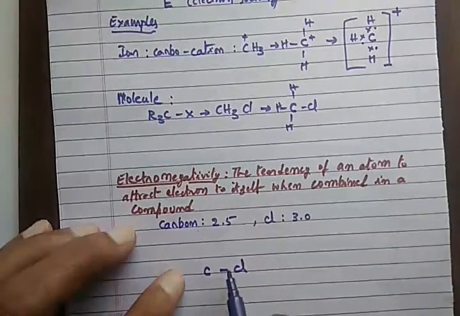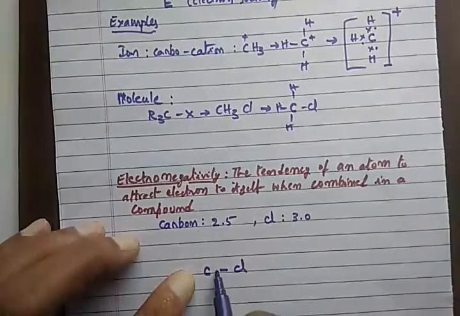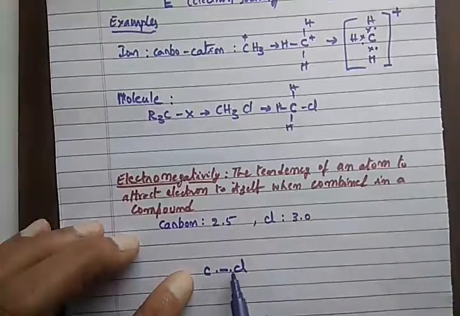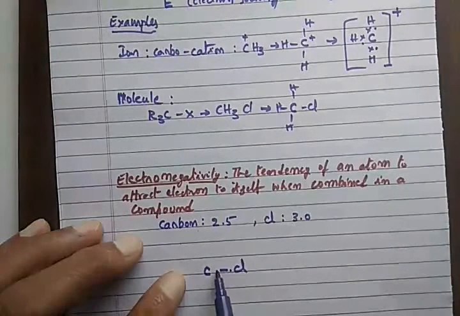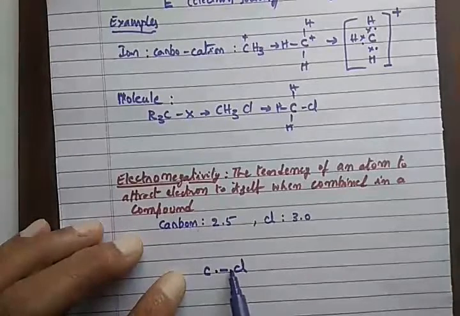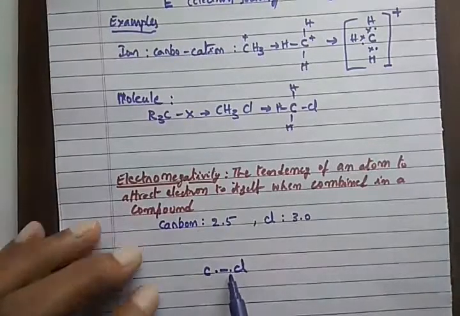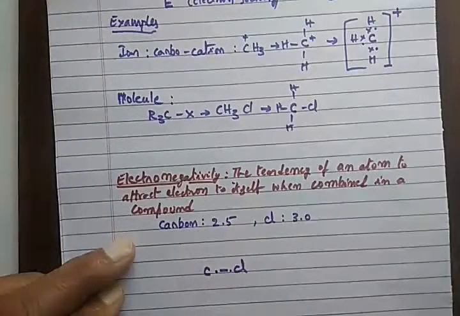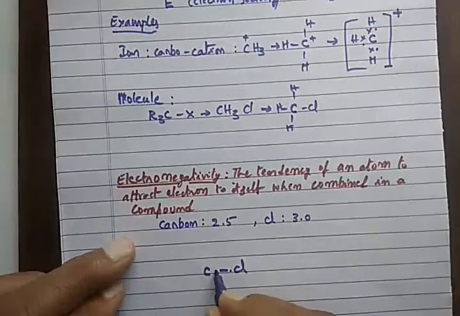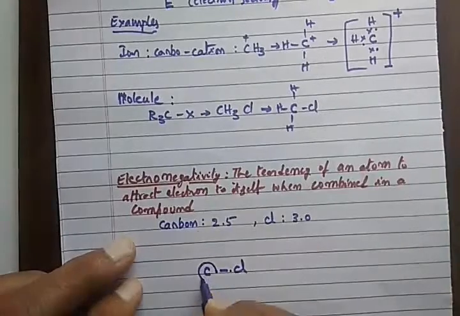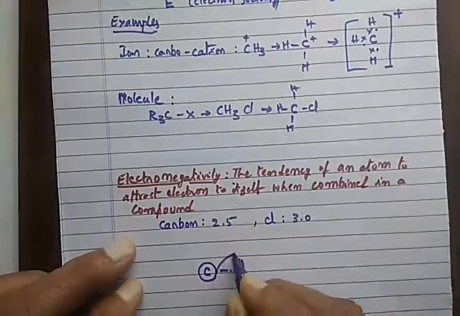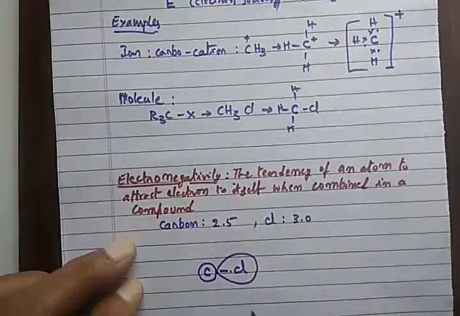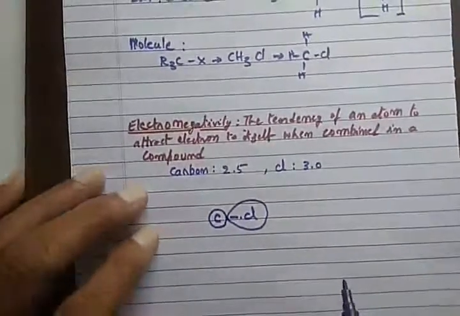Other things are not necessary. This has one electron, this has one electron, and they formed a covalent bond. Take one of these electrons; it will be going around carbon as well as chlorine. Then only it forms a covalent bond.